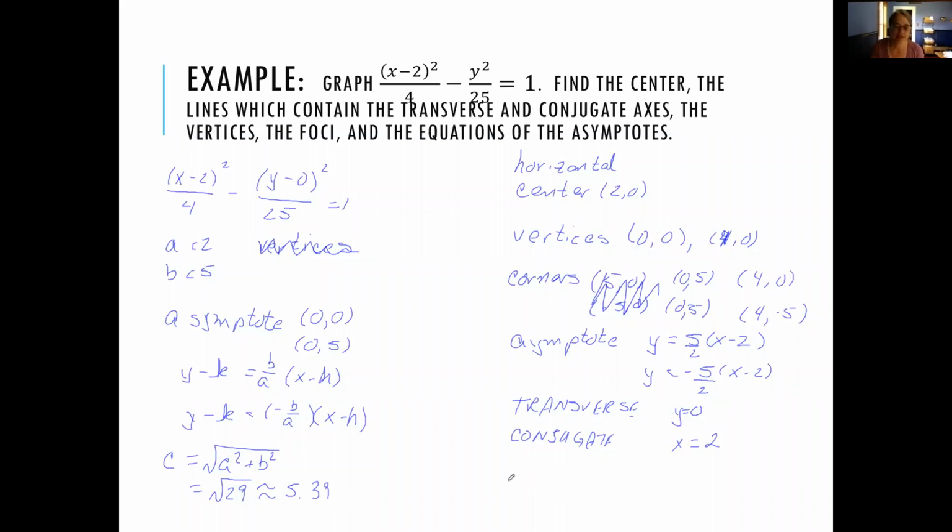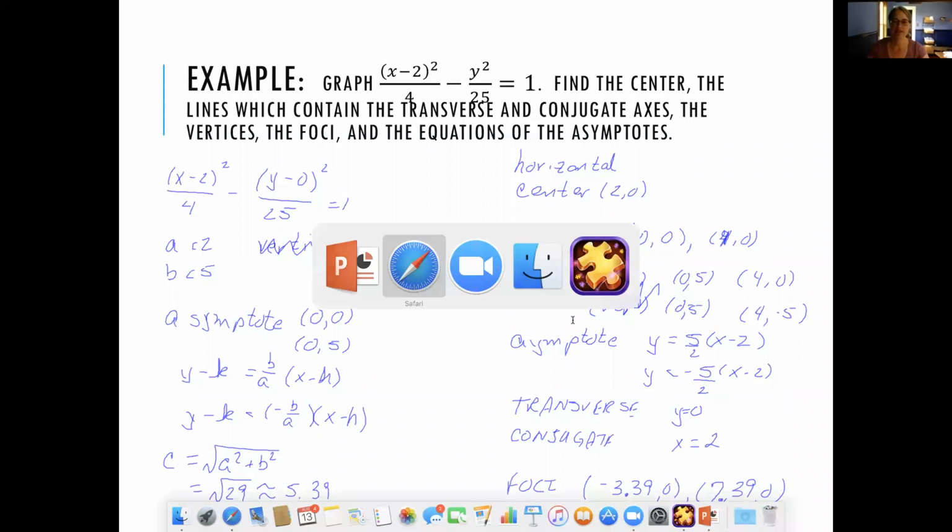So I'm going to have foci at 2 minus the square root of 29, which is negative 3.39, 0, and at 2 plus the square root of 29, so that's 7.39, 0. So let's go ahead and take a look at this graph.